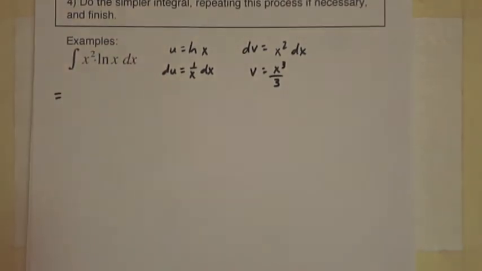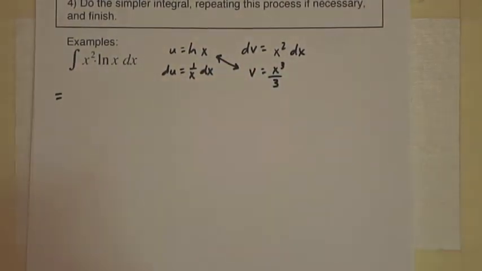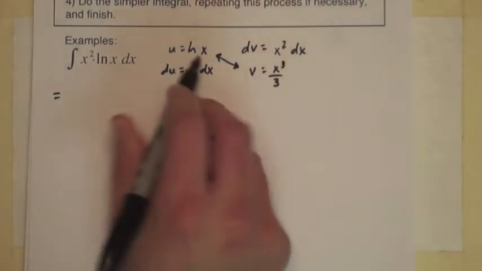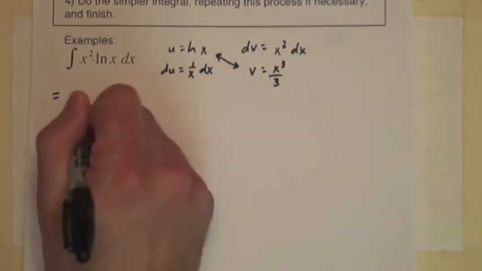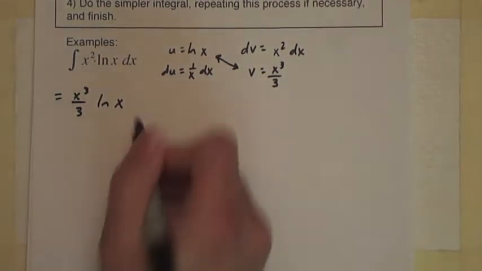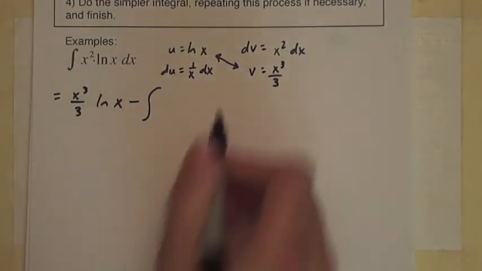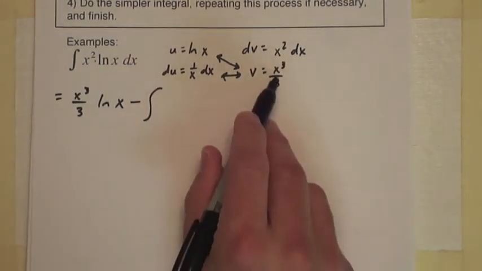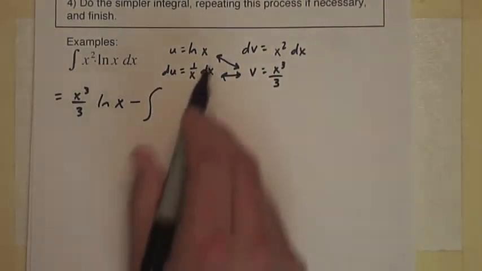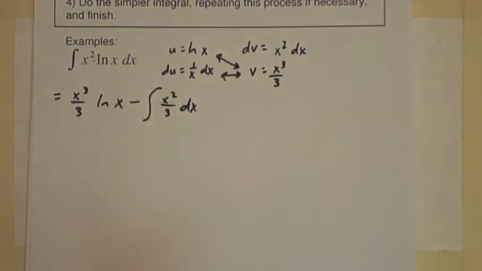Therefore, this integral is uv minus the integral of v du. uv is x cubed over 3 ln x minus the integral of x cubed over 3 times 1 over x times dx, which is x squared over 3 dx.